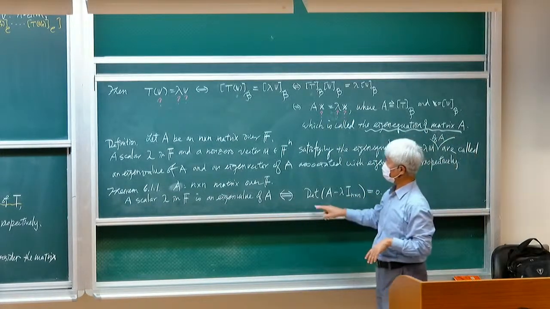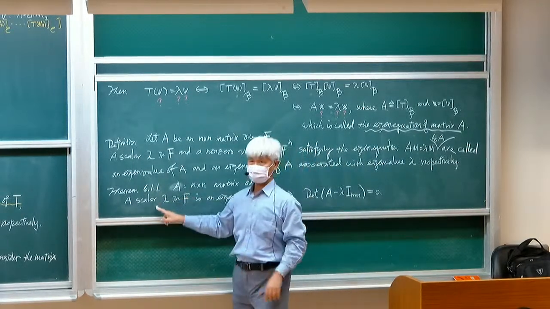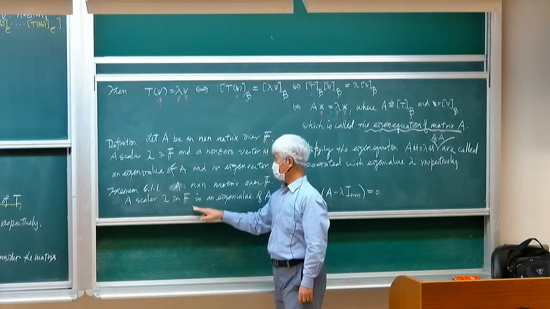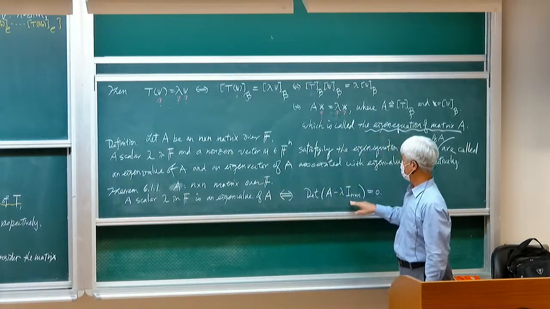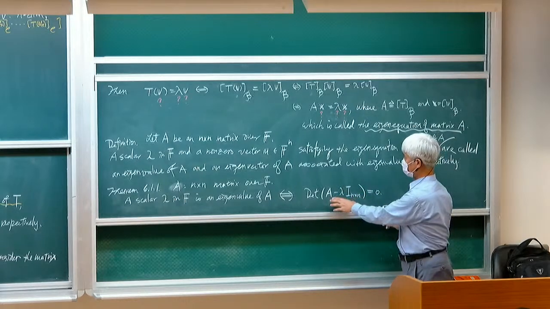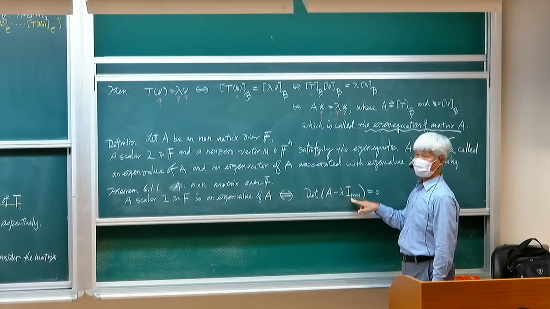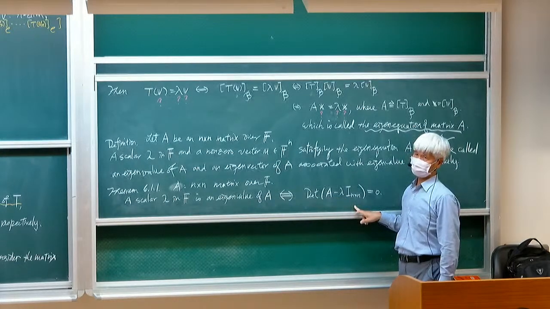For the first step, we have the theorem: a scalar lambda is an eigenvalue of A if and only if we form a new matrix A minus lambda times the identity matrix and its determinant is equal to 0.